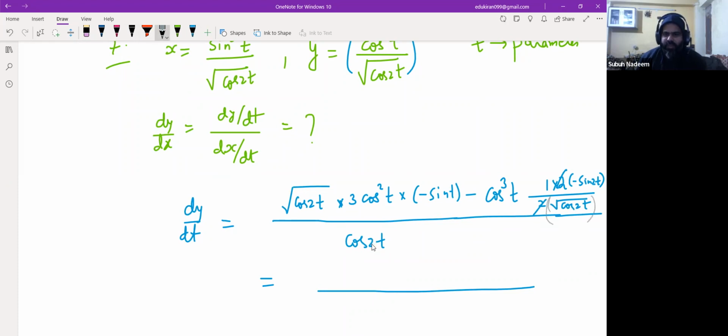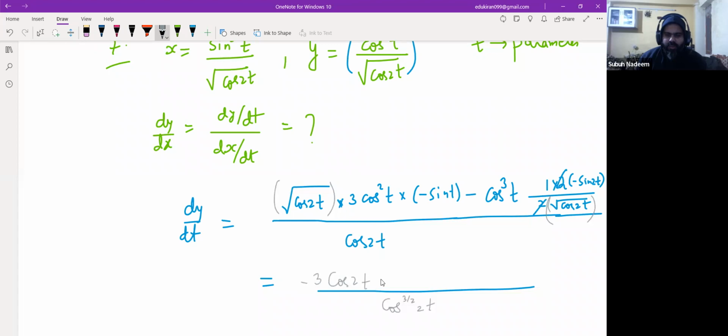It will multiply with the denominator cos 2t, so this will become cos 3 by 2 of 2t. And root over cos 2t into root over cos 2t will be cos 2t, the root will vanish.